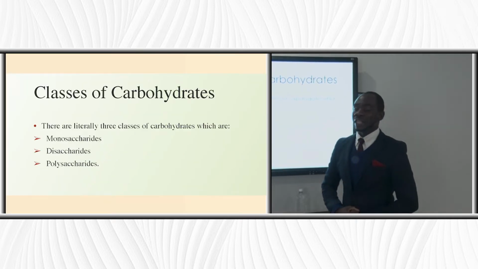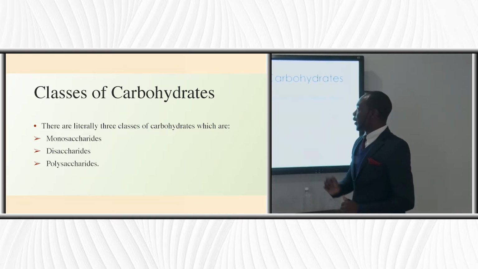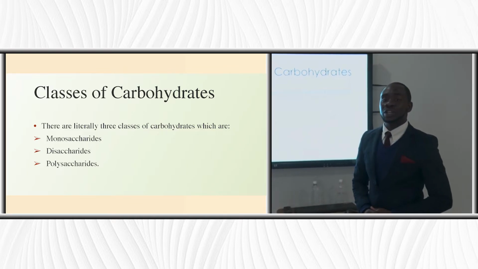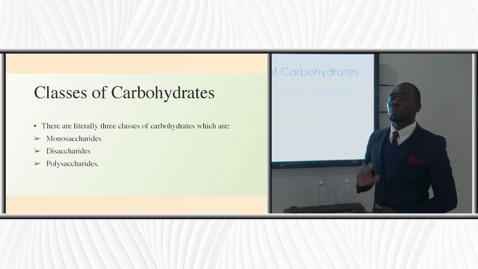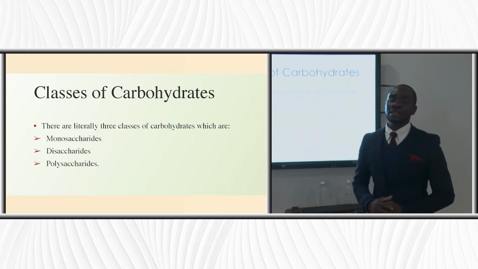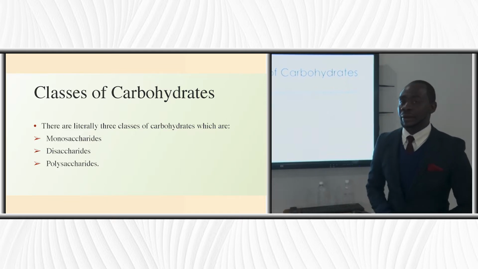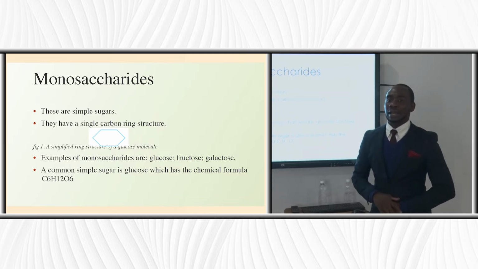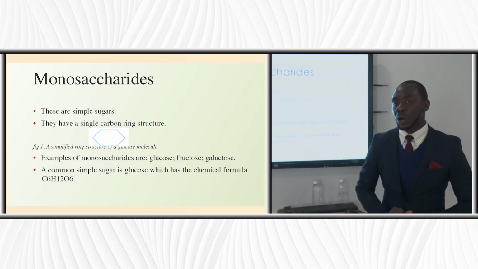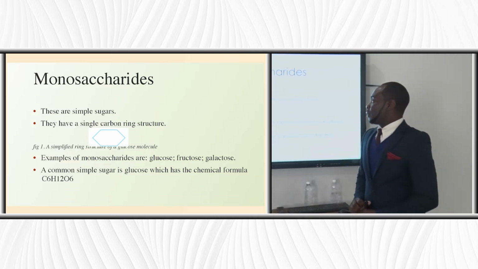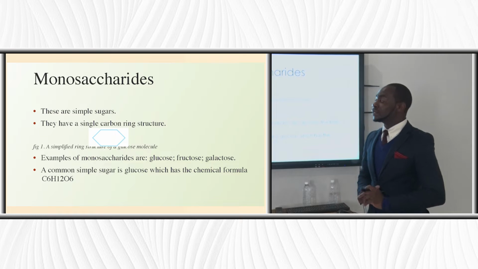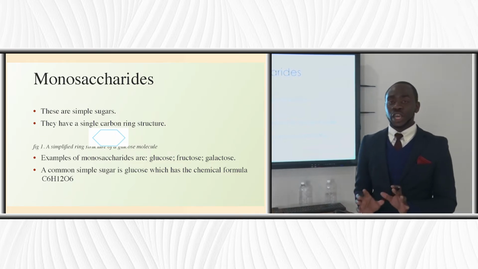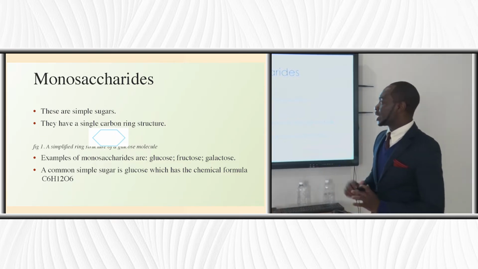Classes of carbohydrates. There are 3 classes of carbohydrates, which are monosaccharides, disaccharides, and polysaccharides. Let's begin by looking at monosaccharides. These are simple sugars. They have a single carbon ring structure.